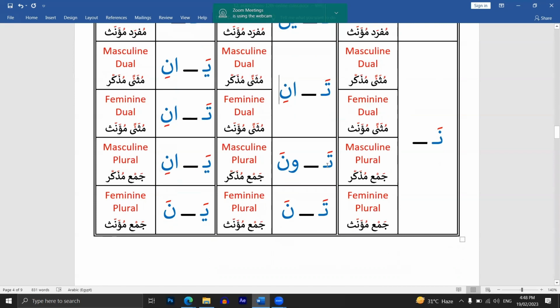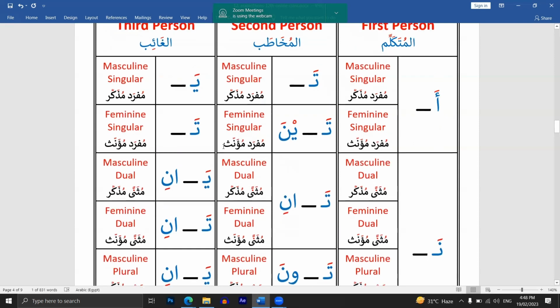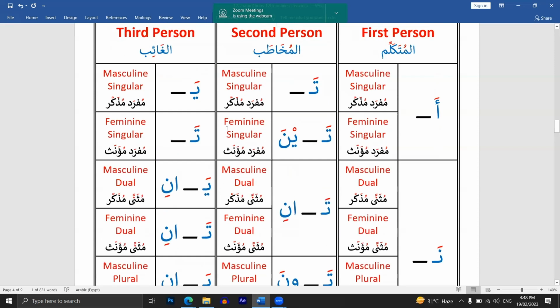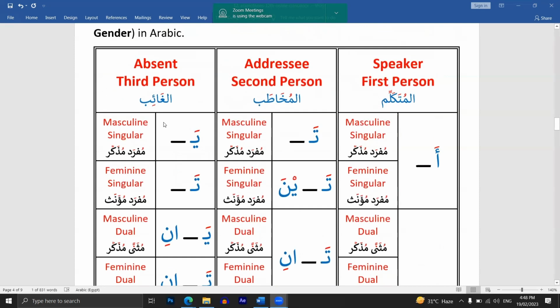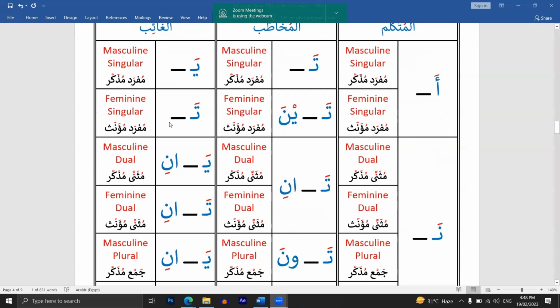Then for masculine plural, we add waw noon like we did with the past verb, and for feminine plural, we add only noon. Finally, we have third person.